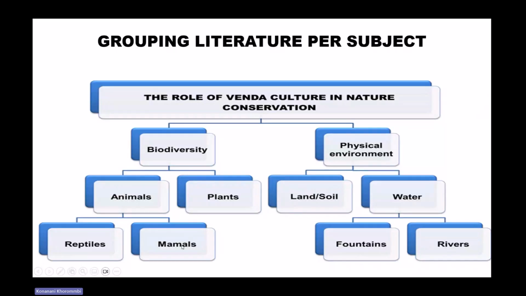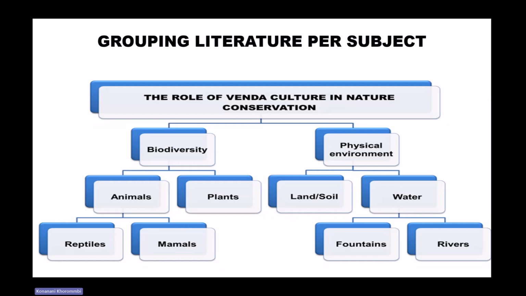Then I can zoom under the mammals. There are animals like lions and cheetahs, they eat meat. But there are mammals like your kudus, your impalas, they eat grass. This is when I'm trying to classify my literature in terms of subject. This is an example, and you will be able to see it when you access the recording.